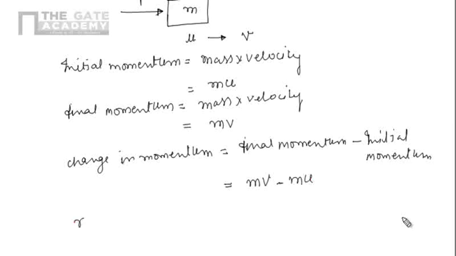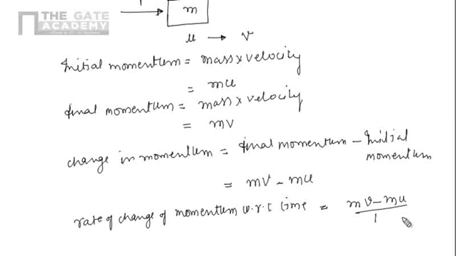Now the rate of change of momentum is with respect to time. So that is (mv minus mu) by time.